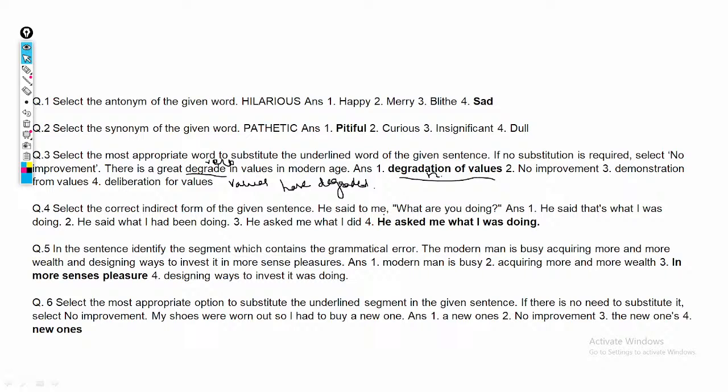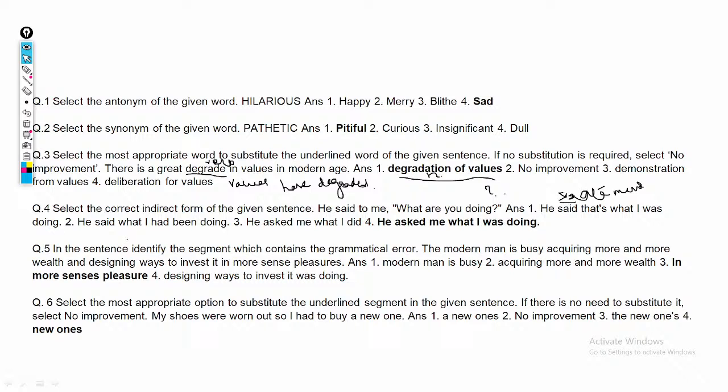And first of all, the worst mistake is, this is not a statement. When it is a question, we have to write asked.